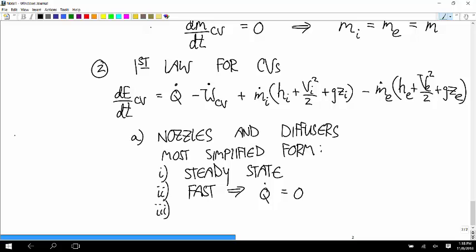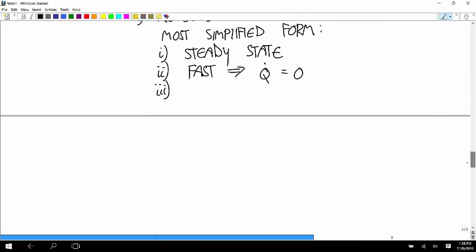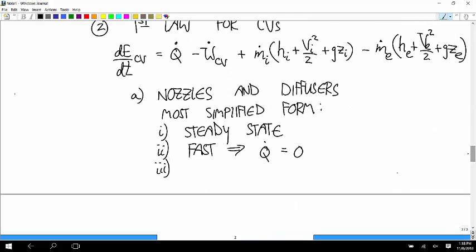What else? That's right. It's rigid. So W dot is 0. It doesn't have any moving parts, so the boundary can't expand or contract.